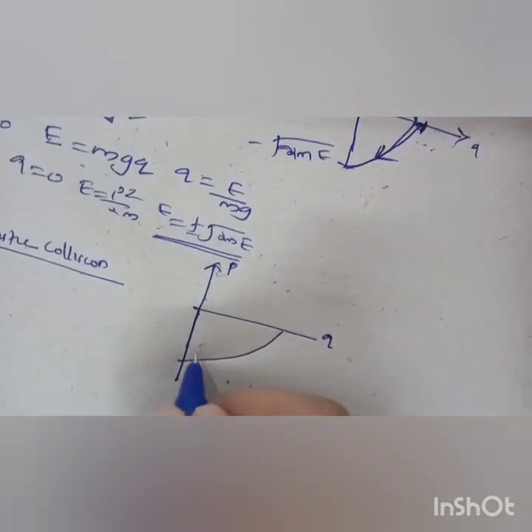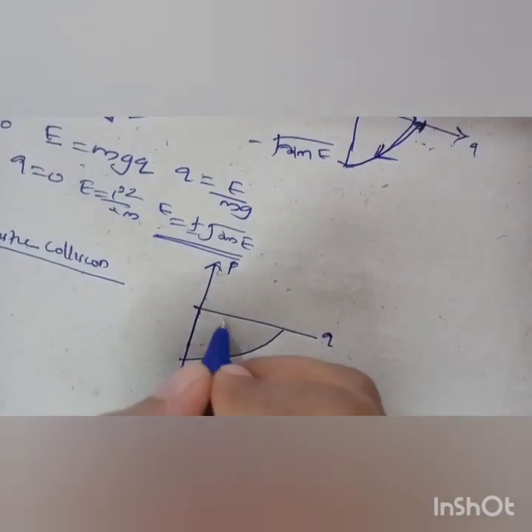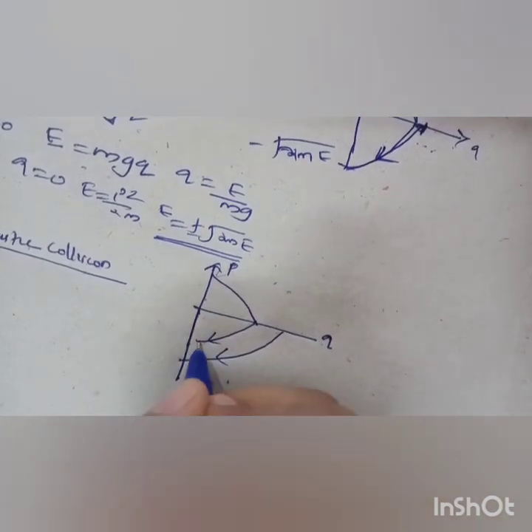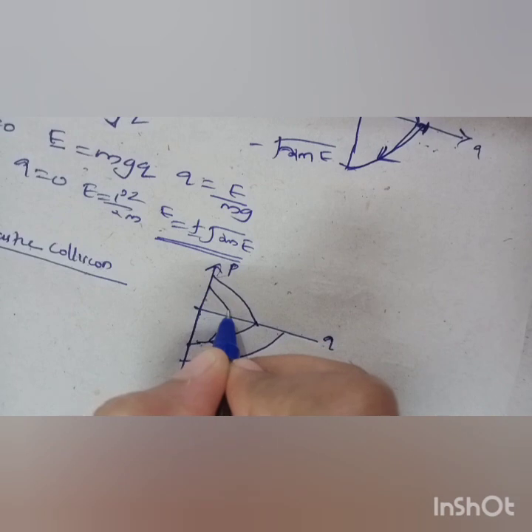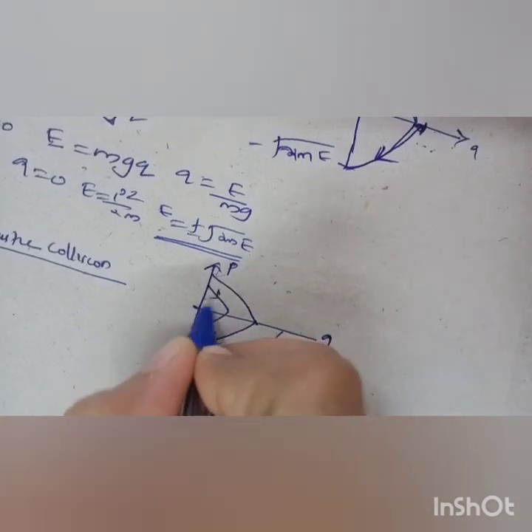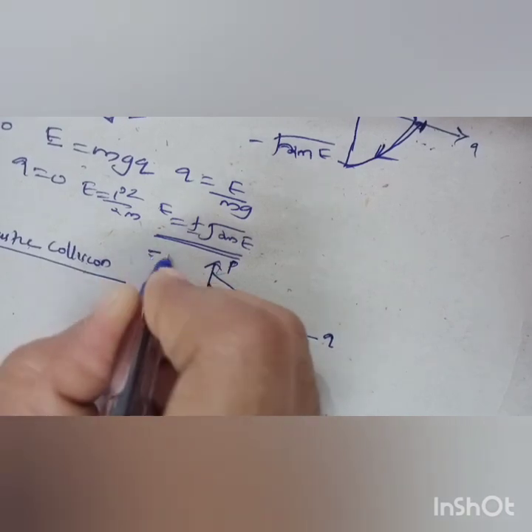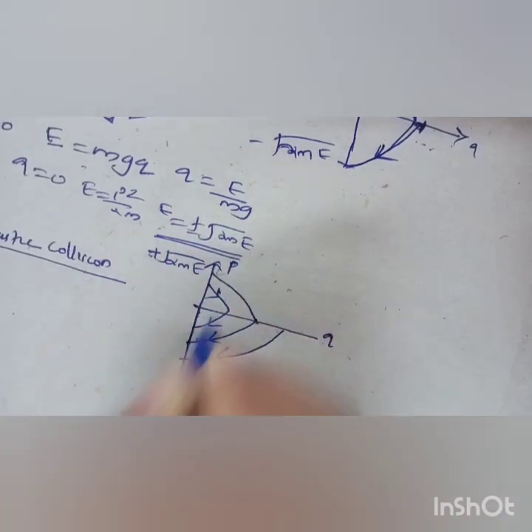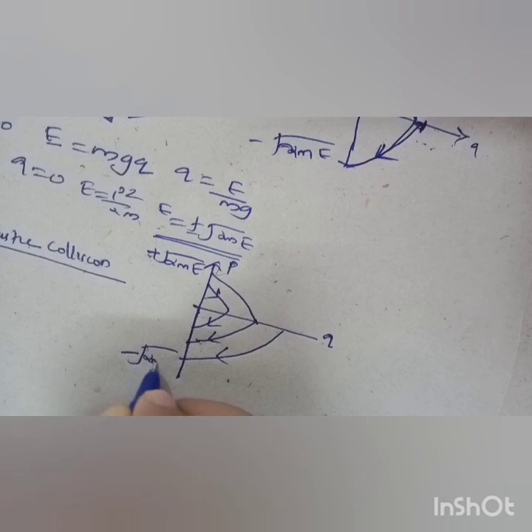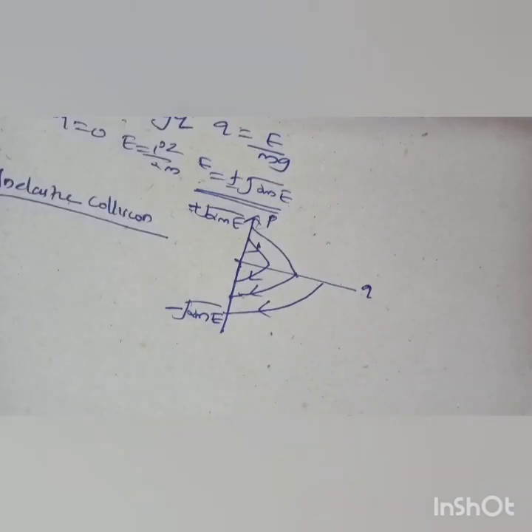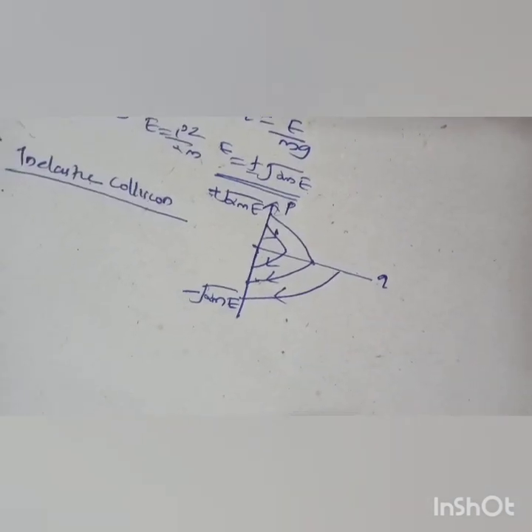This is moving like this, and the amplitude is decreasing because it is an inelastic collision, so energy is decreasing. The maximum is plus under root 2mE, this is minus under root 2mE, but the trajectories can't intersect, because phase space trajectories can't intersect each other.